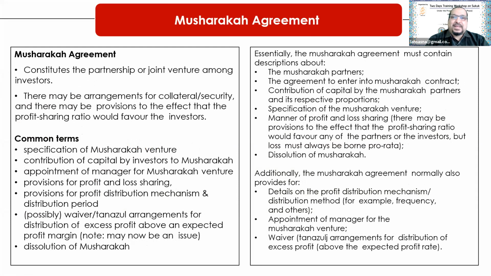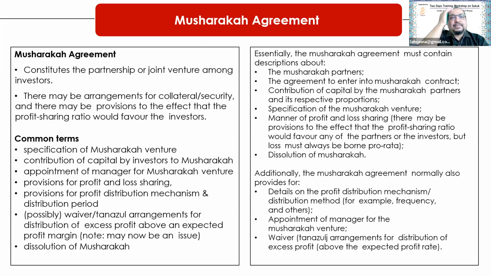We can't present them one by one. So we have selected Musharaka as an example. So we have moved from the general aspect of documentations and the general concept of the sukuk, and now we try to zoom into the Musharaka agreement.